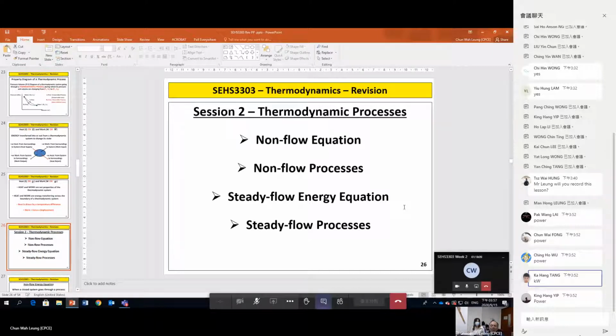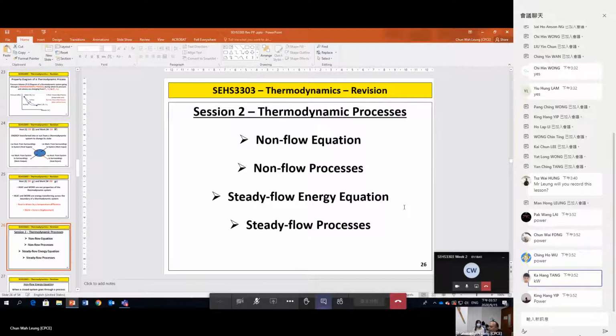In thermodynamics, we have 2 kinds of systems: the non-flow and the flow. When the working fluid is not allowed to flow in or flow out of the system, then it is a non-flow system. Sometimes we call it a closed system.